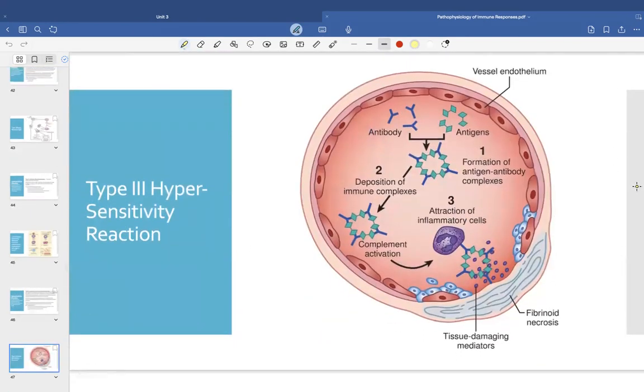If you have that activation of complement within the wall of the vessel, and that complement is breaking down and targeting these different antigens, you're going to get weak vessels. And when you have weak vessels, what's that going to lead to? Aneurysm?